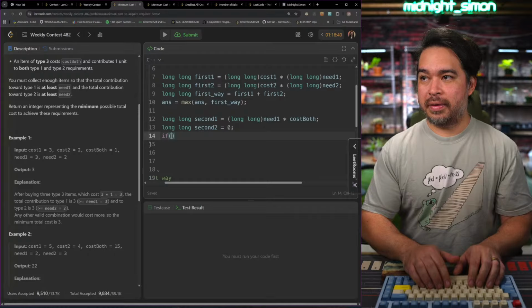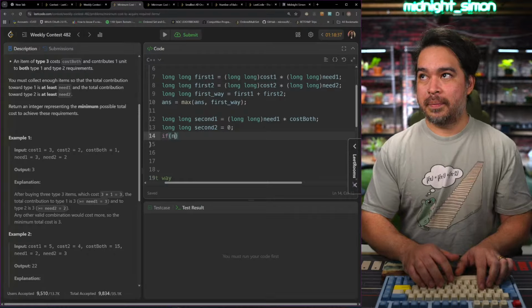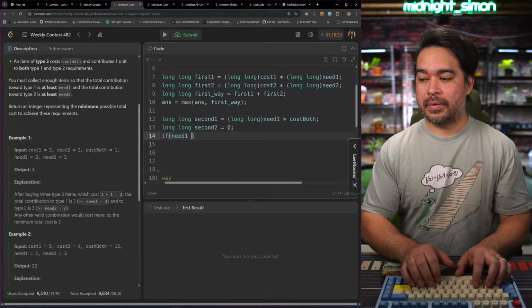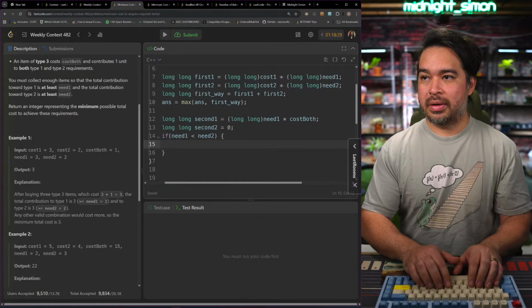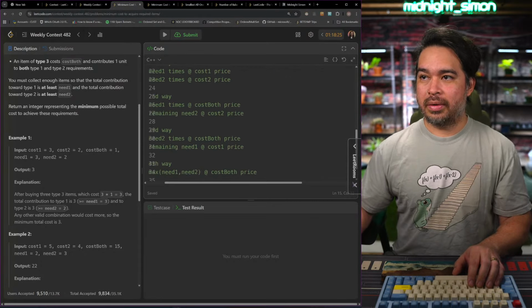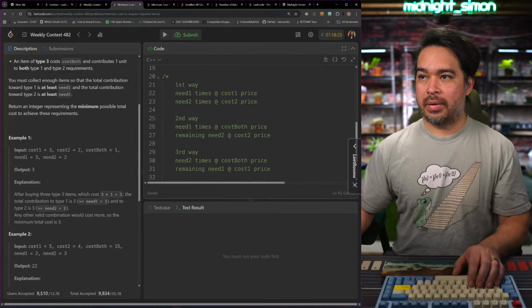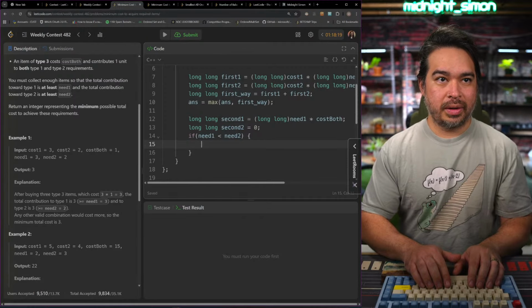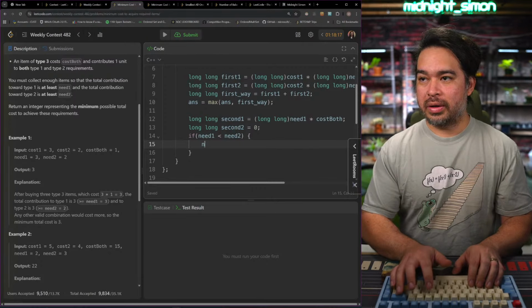So if need 1 is less than need 2, then we need more.